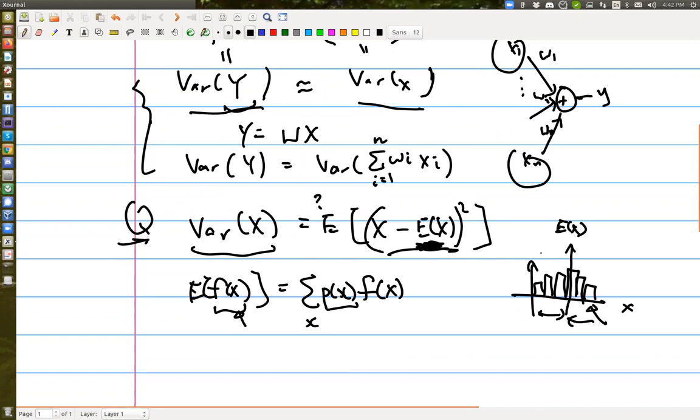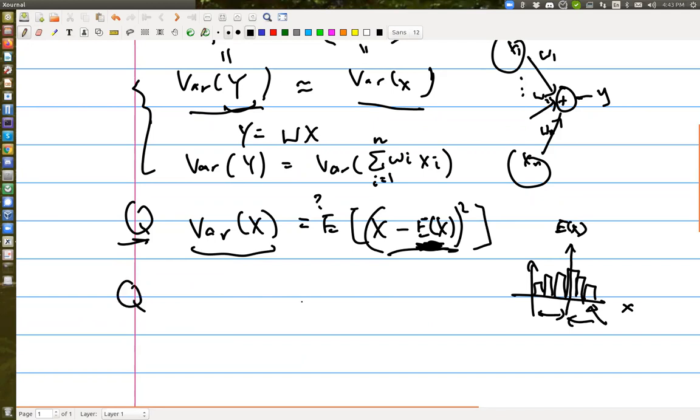Okay. By the way, maybe I can give another question just to check your background. If I have x and y variables that are independent, let's say x independent of y, so what will I have?